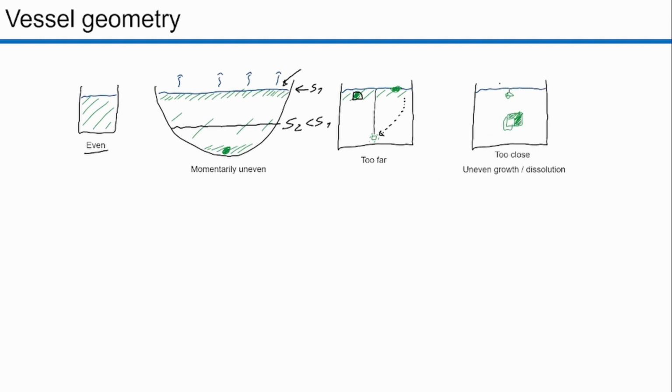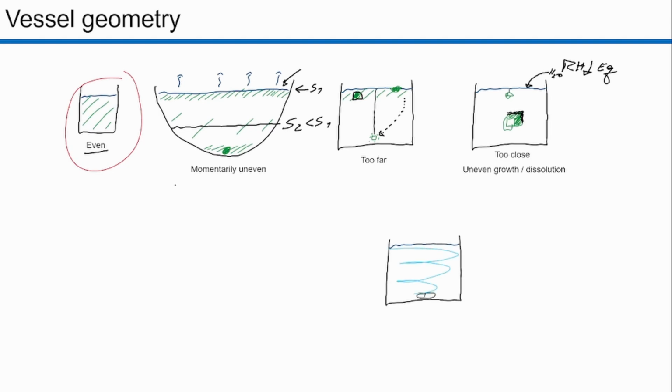Likewise, if your crystal is too close to the surface, it might have access to the atoms too fast, and then you might have uneven growth. Or if the conditions change, let's say your relative humidity falls below the equilibrium, since your crystal is too close, the newly coming water molecules will just dissolve your crystal locally, and that's also not cool for your quality. The preferred arrangement, of course, is the even distribution.